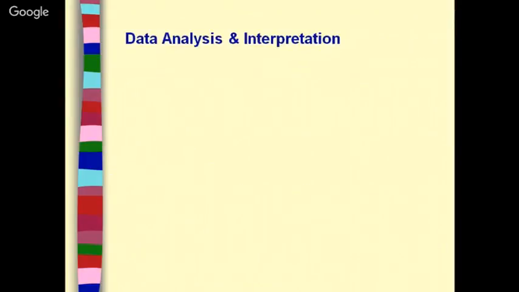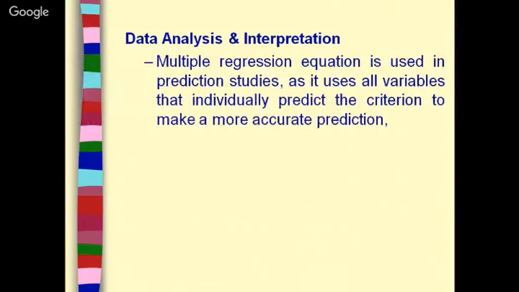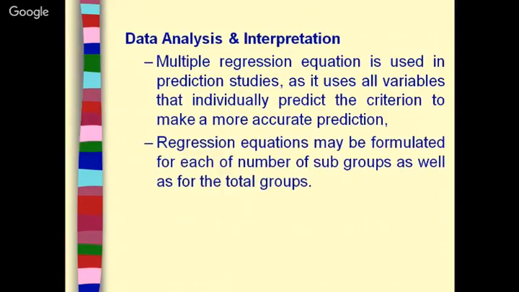Once it is done, then we analyze the data. As I said, if there are a number of variables helping us to predict something, then a multiple regression equation is used. I am not going into details of this, because some of these things might be taken in the inferential statistics session. The regression equations are formulated so that we can find how each sub variable is affecting, that percentage component.